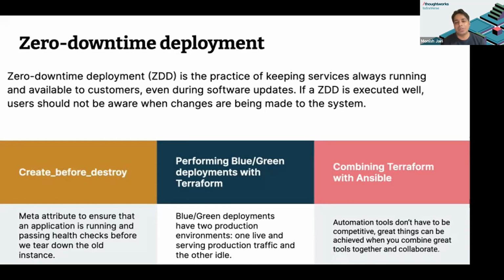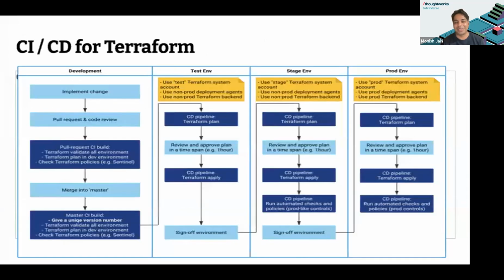And then you can also combine Terraform with other automation tools like Ansible, which can help us make sure that we are ready within no time. We are able to deploy with no downtime, and we are good. This can be achieved by combining Terraform with other provisioning tools like Ansible, where we can write playbooks.